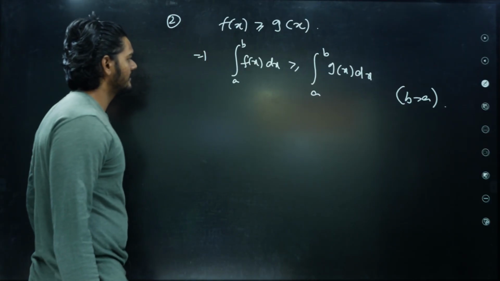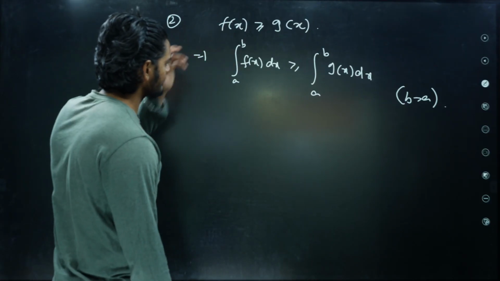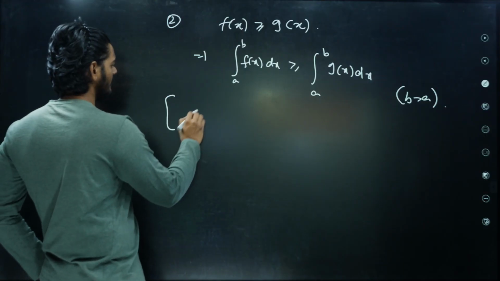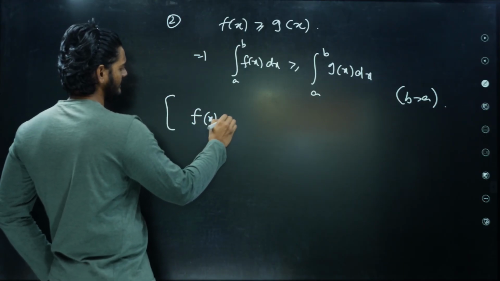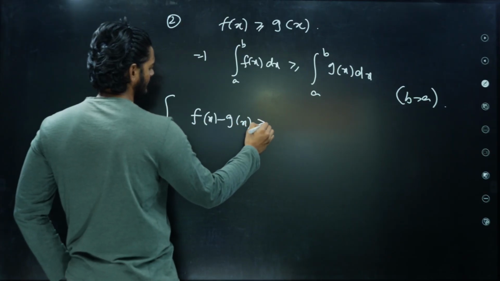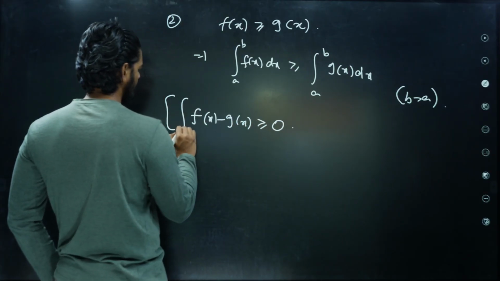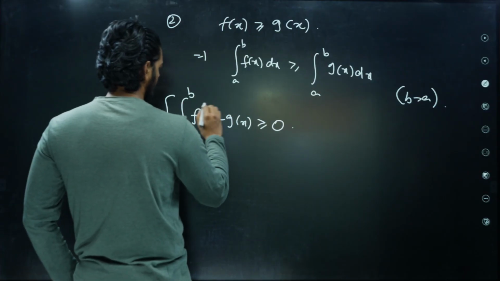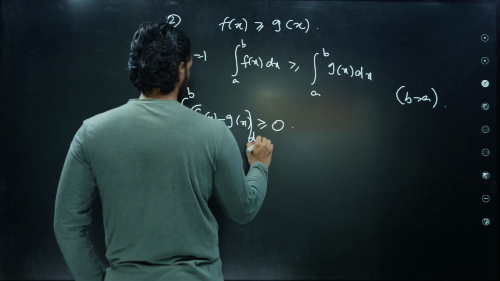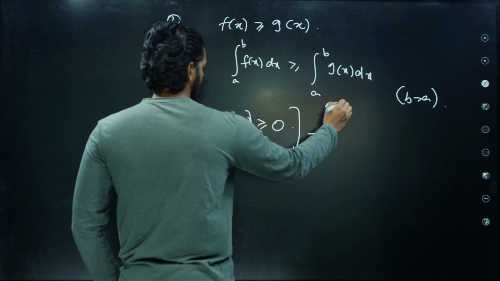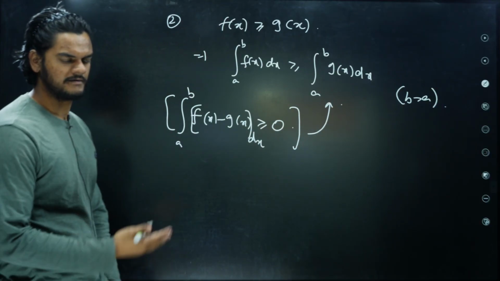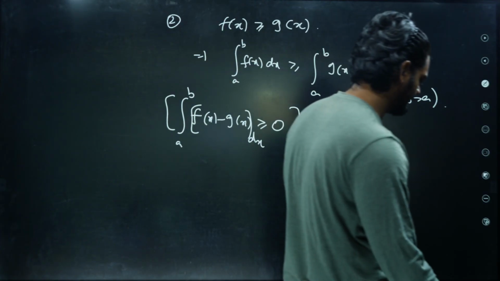That is important. Why? Because f of x minus g of x is greater than or equal to 0. You integrate this and you will get this. It's not a big deal, right? It's a direct consequence of that.